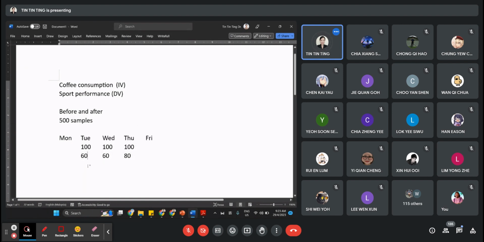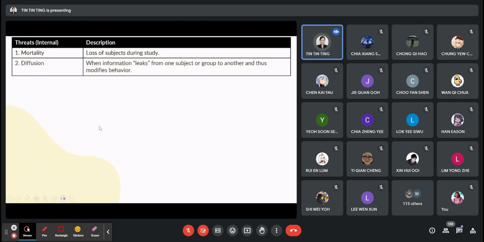And after that, before Wednesday, another 160 people come. These 160 people might go and tell some of these students, oh, they will give you coffee, and then you drink. After that, you must try your very best to run as fast as you can, and so on. That changed their behavior because of the information leaked by this group of people. That will cause your internal validity to be violated.